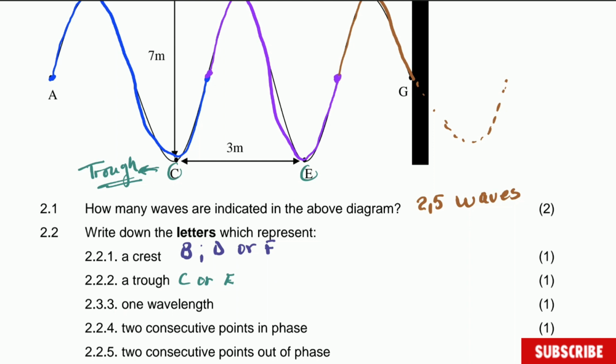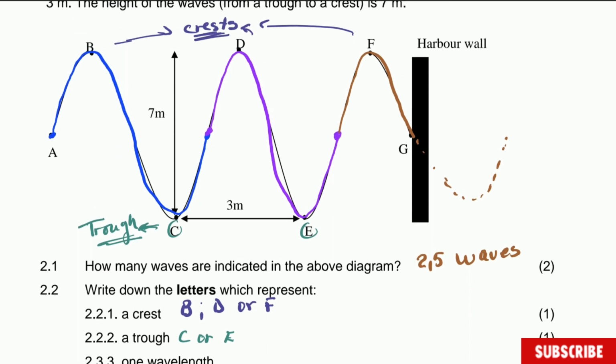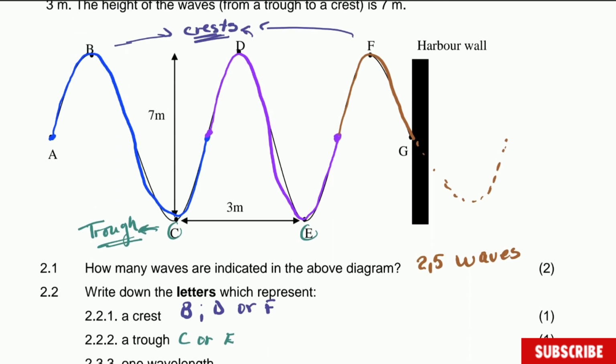One complete wavelength. Now, one complete wavelength is the distance between two consecutive points that are in phase. In this case, it's also 2 consecutive trough or 2 consecutive crests. So, in other words, 2 points that represent a wavelength here are either the distance between B and D. For example, this distance here between B and D can represent a wavelength.